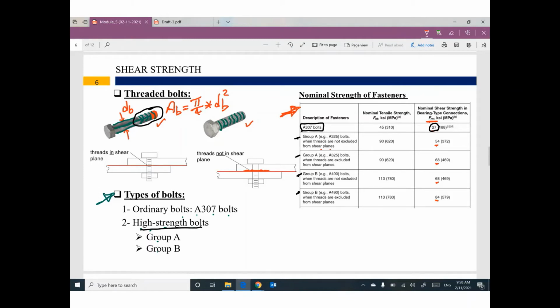So you need to decide, do you have threads for the whole chunk of the bolt, or only a very small part, and the remaining part is excluded from the shear plane. Based on this assumption, I can decide which value of FNV.